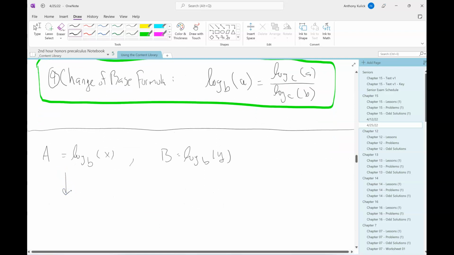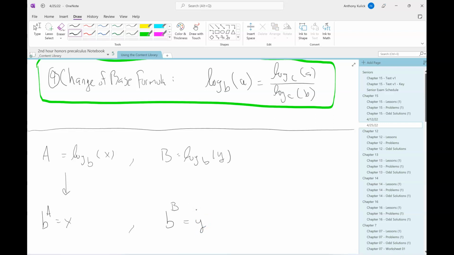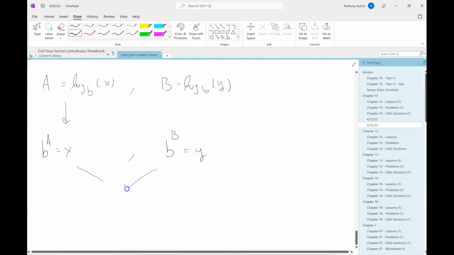I'm going to convert these into exponentials. Everybody's cool there? I'm going to multiply these two equations together.